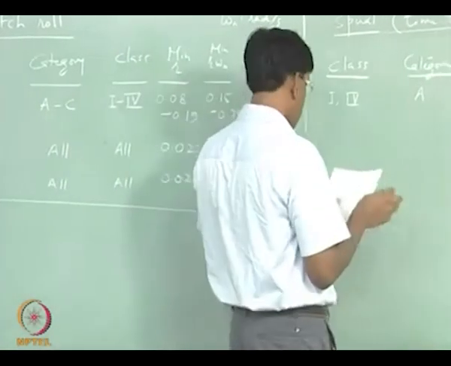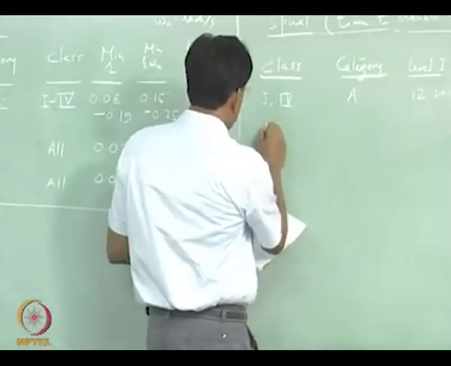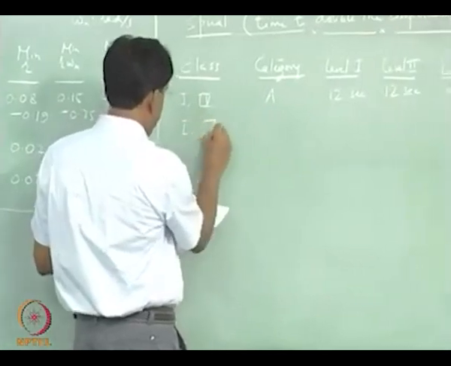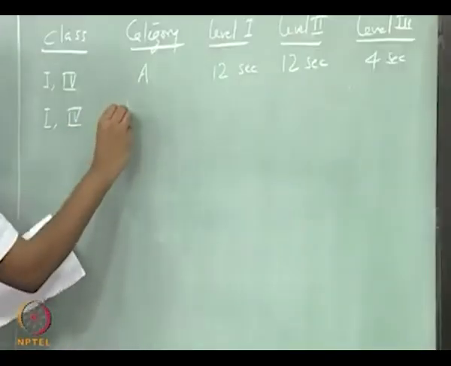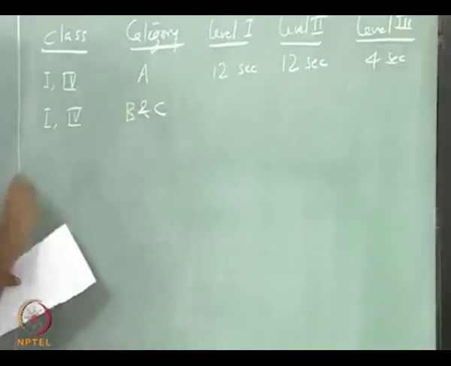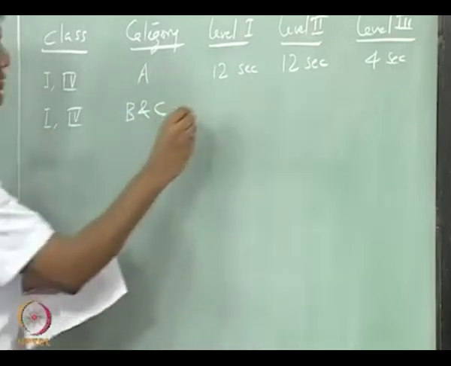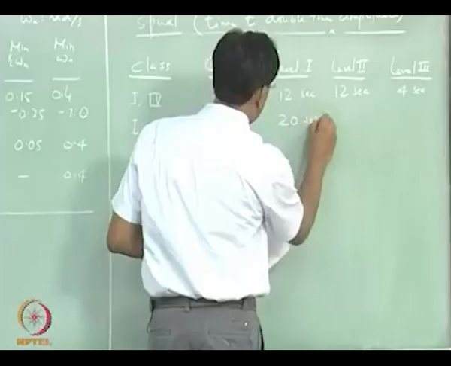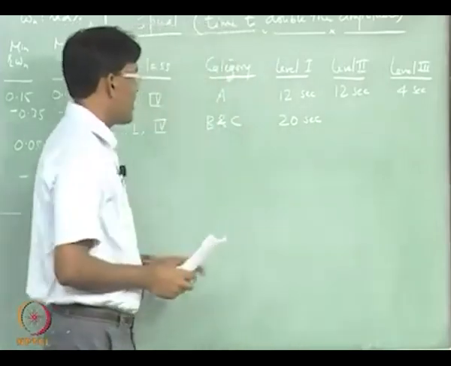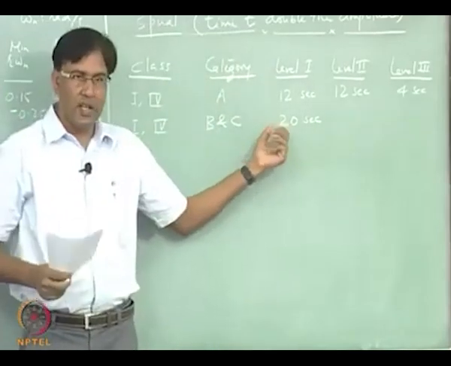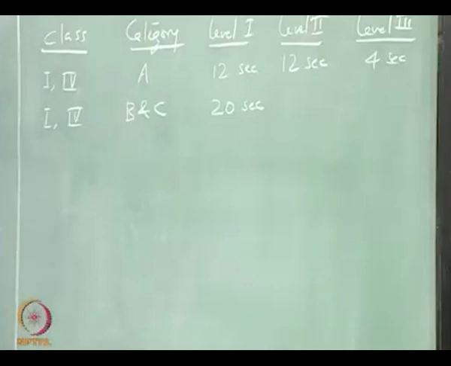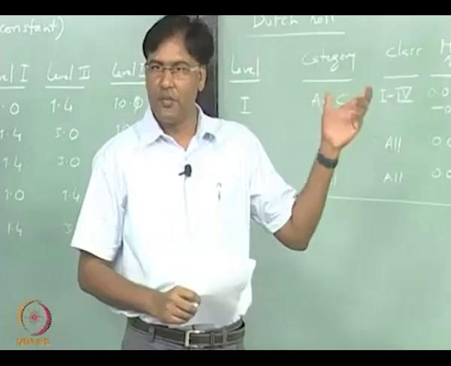So, that is what it means. Class 1 and 4, category B and C. Remember, these numbers gives you the time that you can take to control the aircraft in this particular mode.